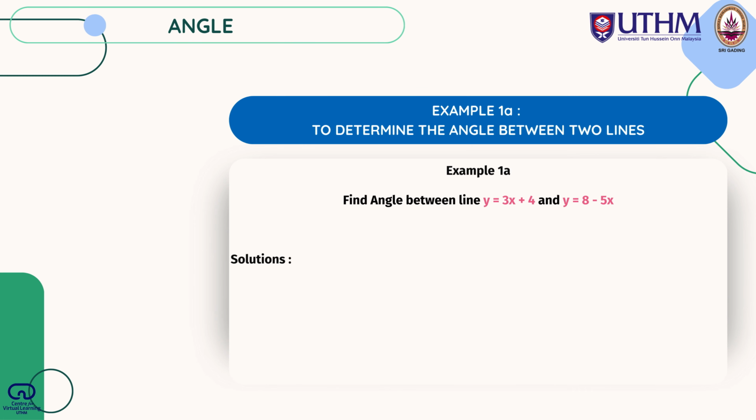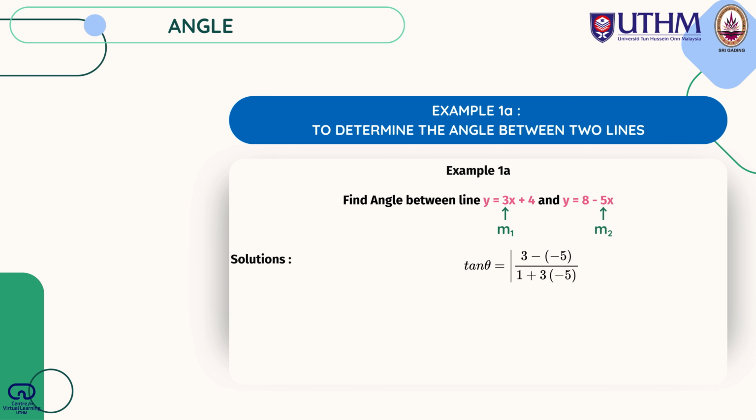Example 1a, direct angle. Let's find the angle between two lines, where the first line is y equals to 3x plus 4 and the second line is y equals to 8 minus 5x. From the equations, we have m1 equals to 3 and m2 equals to -5.